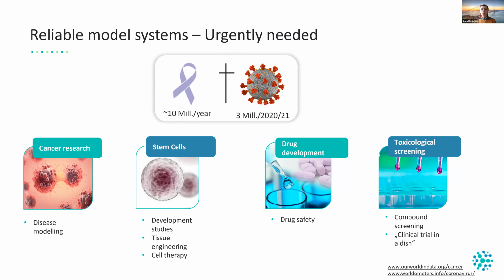But also the COVID-19 situation taught us the importance of fast drug development and the indispensable role of model systems to fight against infectious disease. Such model systems are used in drug development and to screen new drugs or to check the drug safety.